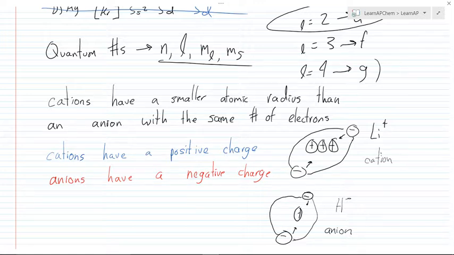So do note that a cation is smaller than an anion. And in case you're confused, atomic radius is simply talking about how far these electrons are in terms of their orbital's radius. So here, this right here, if this were a perfect circle, would be our atomic radius. So good question.